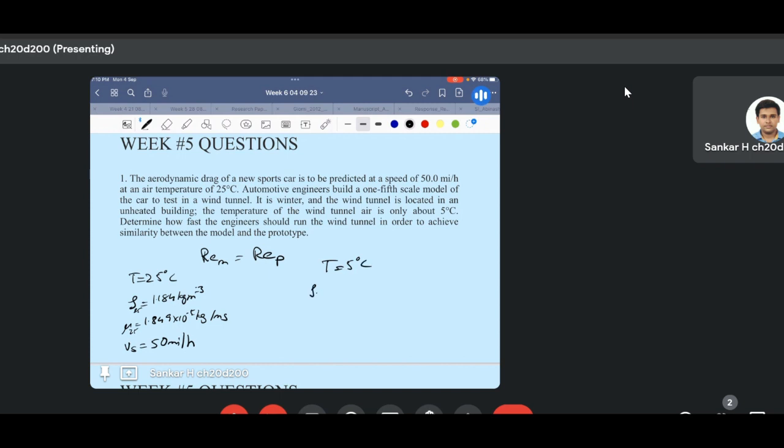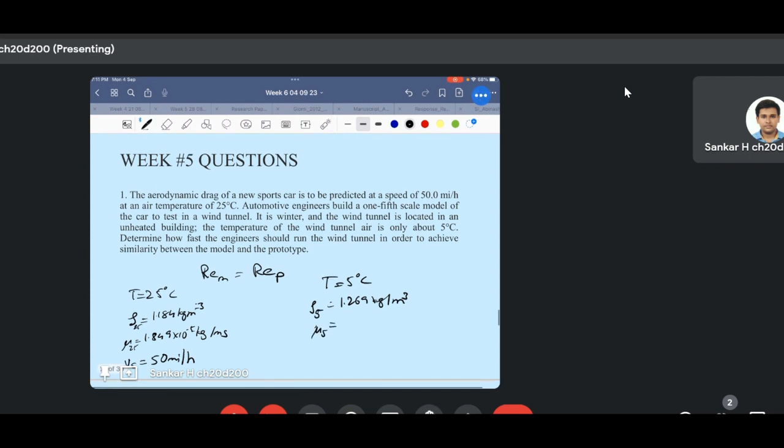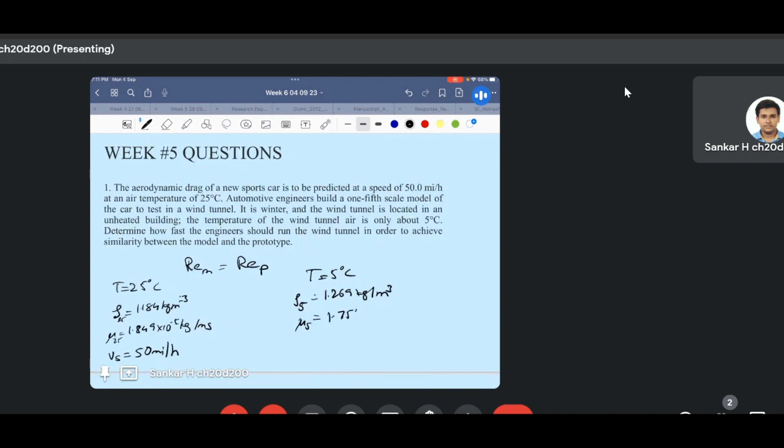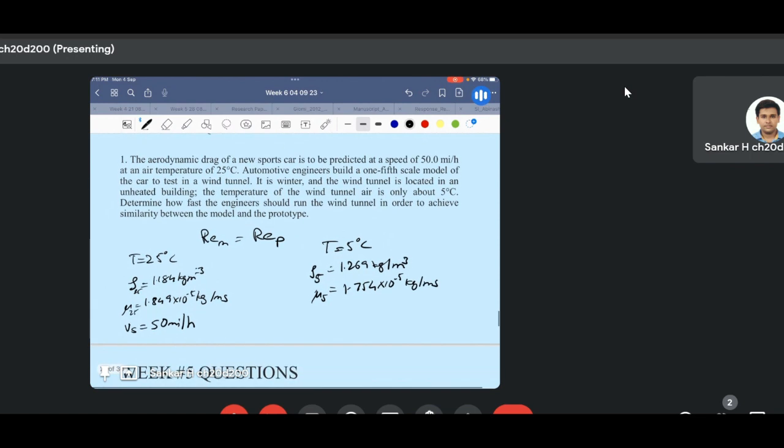We see that the density of the air at 5 degrees is 1.269 kilogram per meter cube, which has increased, and the viscosity at 5 degrees is equal to 1.754 into 10 raised to minus 5 kilogram per meter second, which has decreased.